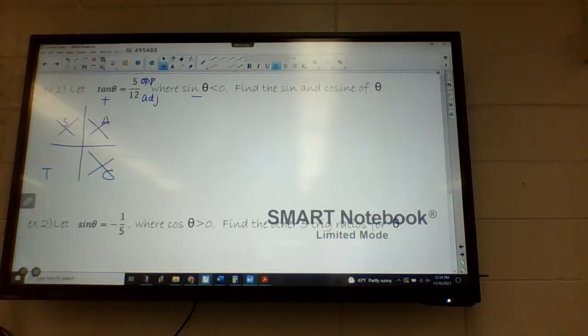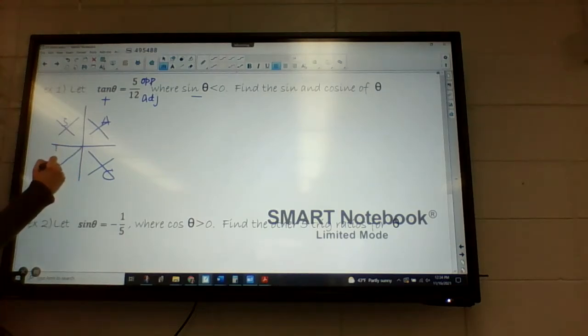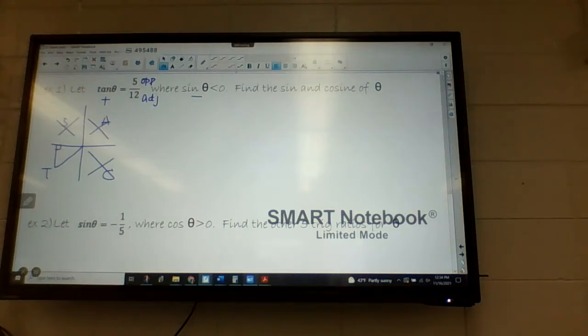Okay. Now I'm going to draw my triangle. I always draw my triangle going back to the x-axis. I don't know what that angle is, and at this point I don't really care what that angle is. I want to figure out the other trig ratios. Again, they're telling us the opposite over the adjacent, so opposite is 5, the adjacent is 12.